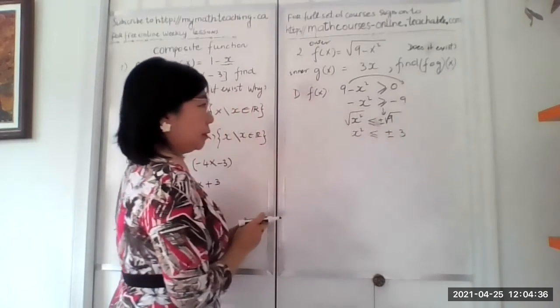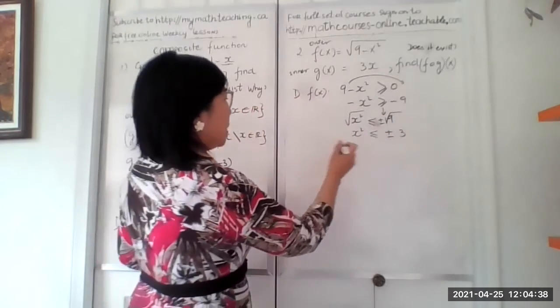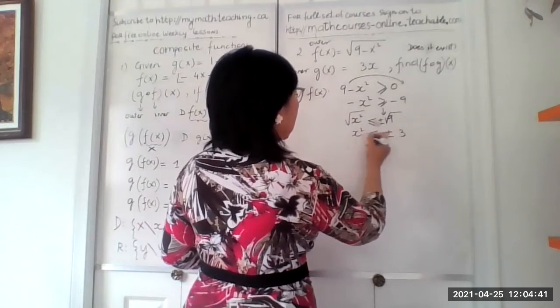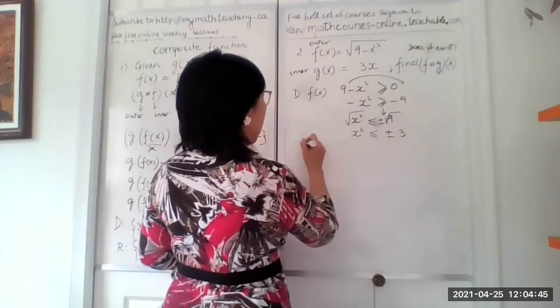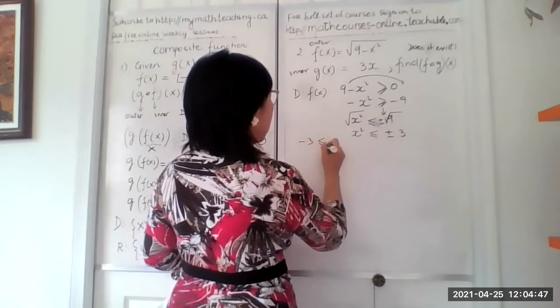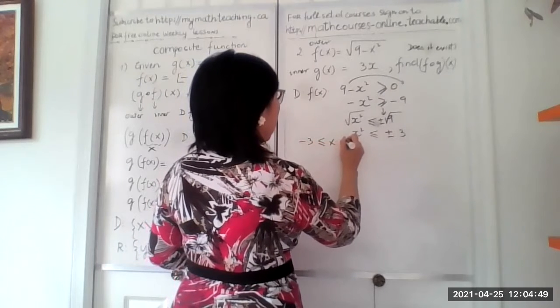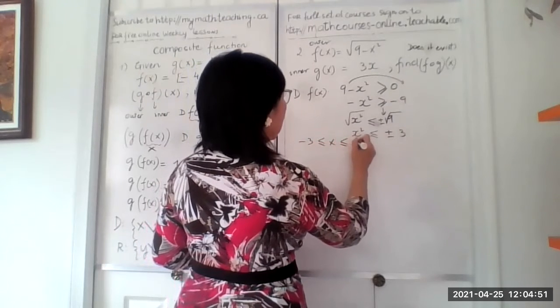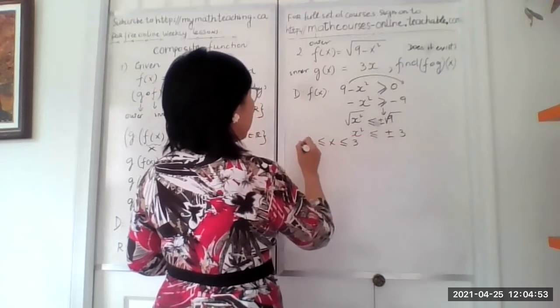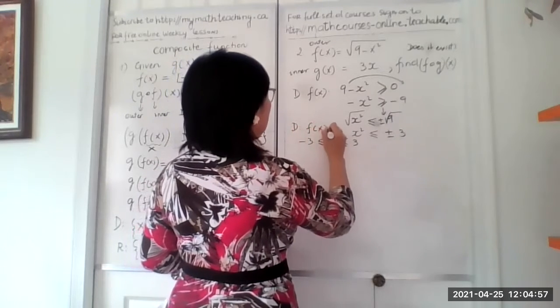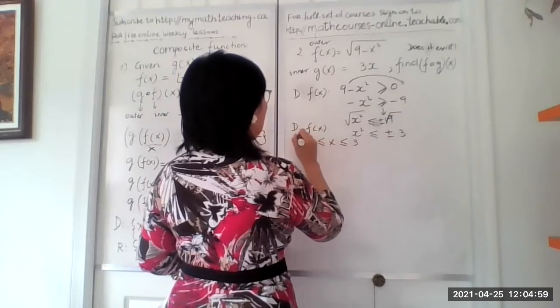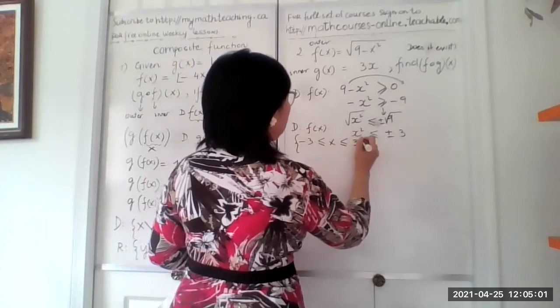So what does that mean? This means that minus 3 has to be less than or equal to x, and x has to be less than or equal to 3. So this is the domain of f of x.